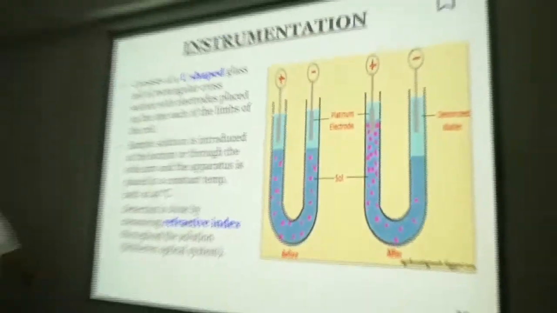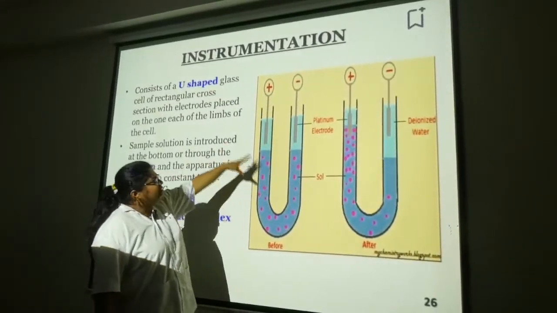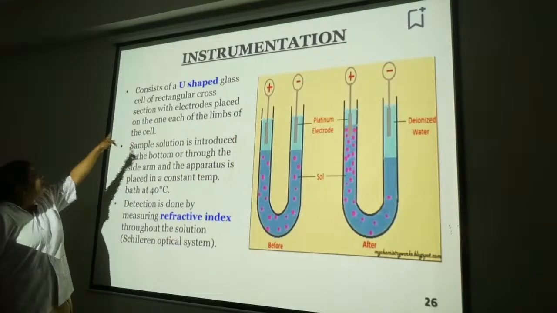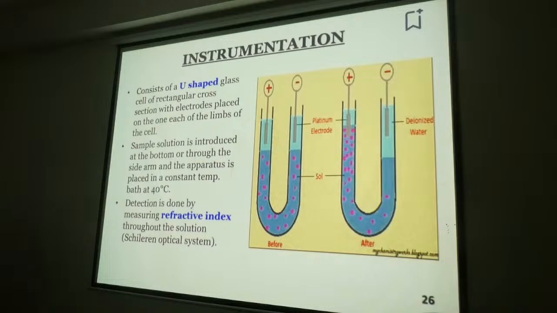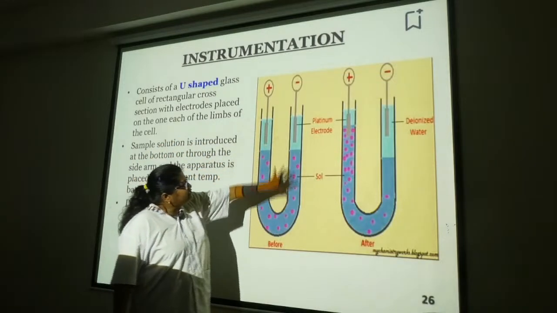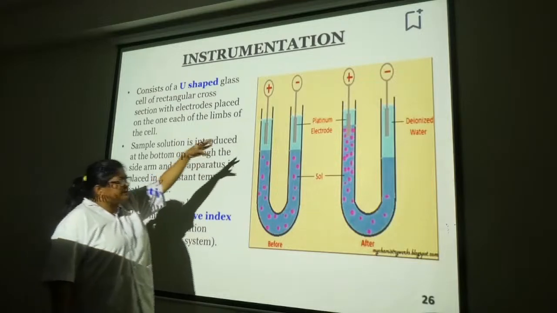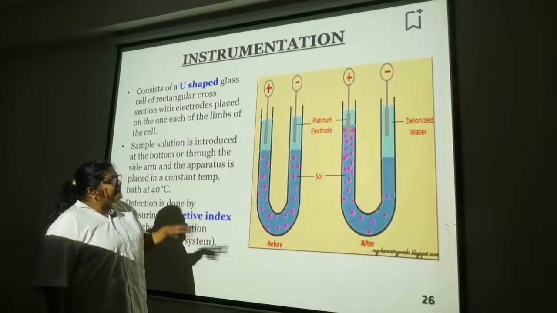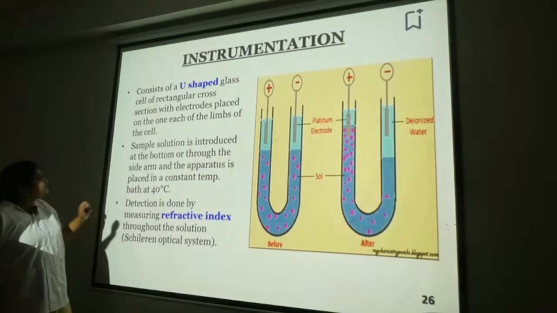Now, moving boundary, the name suggests the boundary is moving. It is a U-shaped glass cell of rectangular cross section with electrodes placed in each limb of the cell. The two electrodes are placed here, and this portion contains the buffer solution, and the sample mixture is given here, and after applying the current, these will migrate according to their properties.